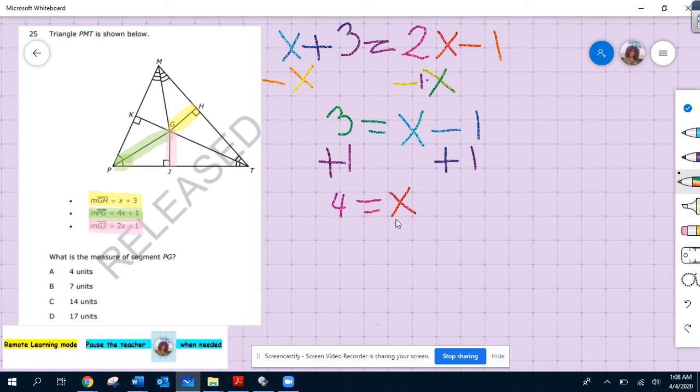So if you don't read the question at the end, you are happy that you finalized the problem. No, as I told you before, you read the question before submitting the answer. So what is the measure of segment PJ? It's about PG, it's not about x.